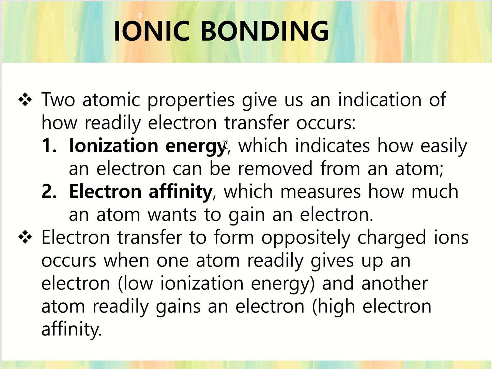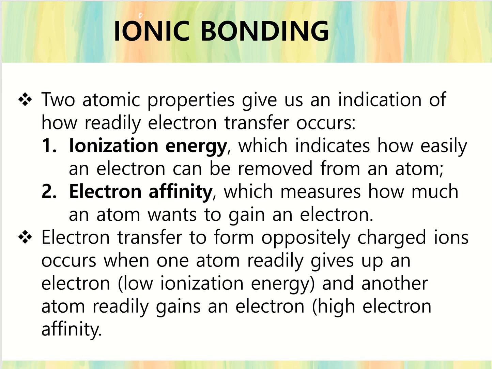So electron transfer to form oppositely charged ions, that is positive and negative, occurs when one atom readily gives up an electron, and therefore it has to have a low ionization energy, and the other atom needs to have a high electron affinity, meaning it wants to gain electrons.